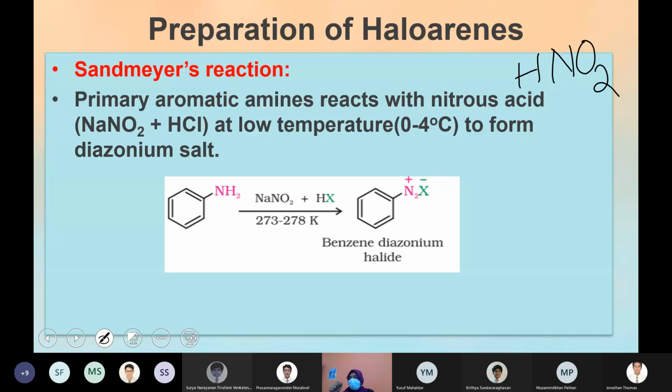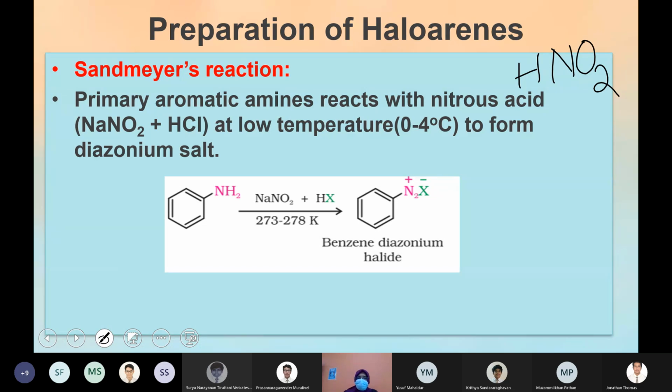HNO2 is highly reactive; if you keep it prepared, it will immediately decompose and NO2 gas will escape.